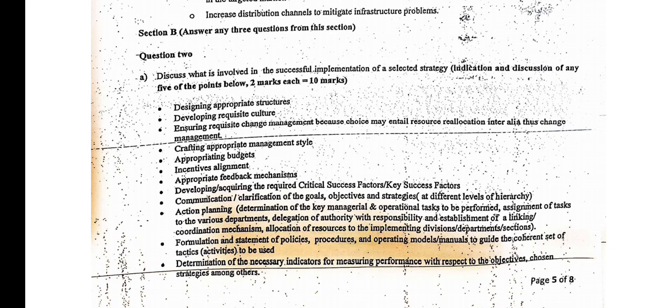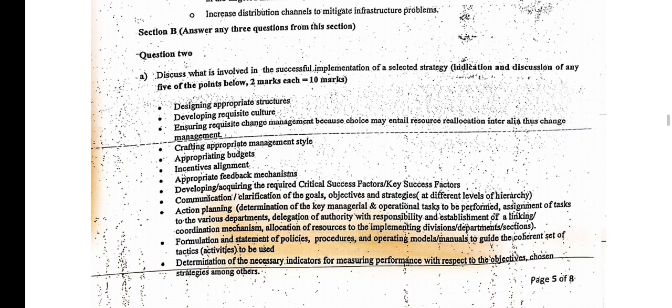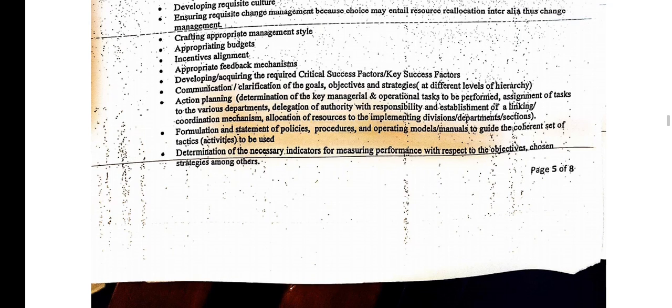Yeah, first is designing appropriate structures, designing a requisite culture, ensuring requisite change management, then crafting appropriate management style, appropriate budgets, incentive alignments, appropriate feedback mechanisms, communication, action planning, formulation and statement of policies, determination of the necessary indicators of measuring performance, and very many others.